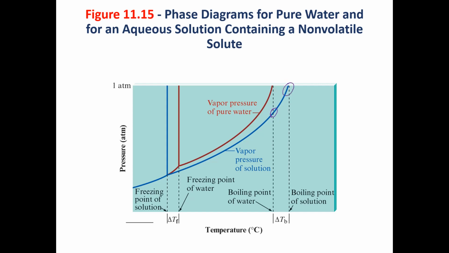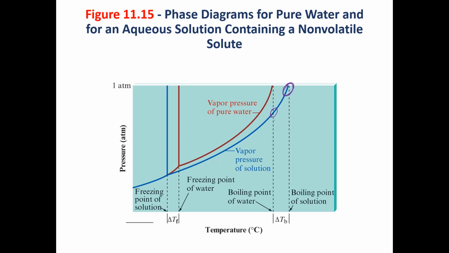We increase the boiling point of our solution when we add a solute. We lower the vapor pressure. So this is the vapor pressure of pure water here. This is the vapor pressure of a solution. So we lower our vapor pressure.